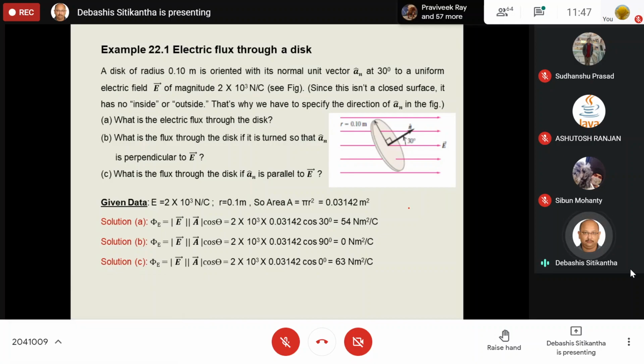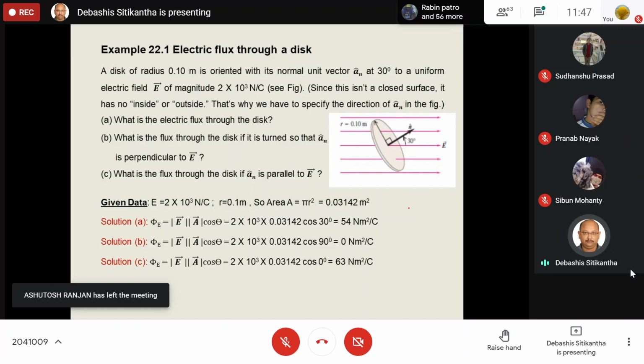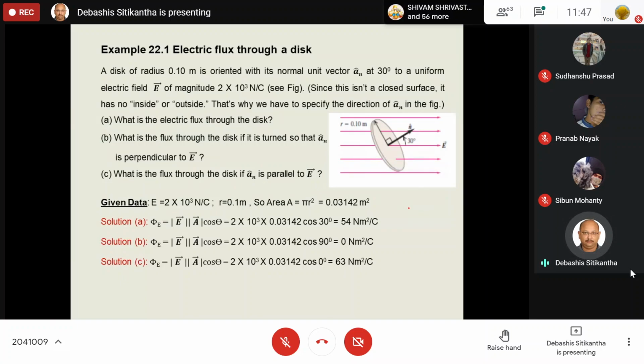Okay, let me tell you. Since over here we are going to find the electric flux, and electric flux is a scalar quantity, why would we take the pain of putting in coordinate axes and expressing the E vector and A vector in terms of vector components? No need, because over here we are going to evaluate the electric flux, and that is absolutely a scalar quantity.